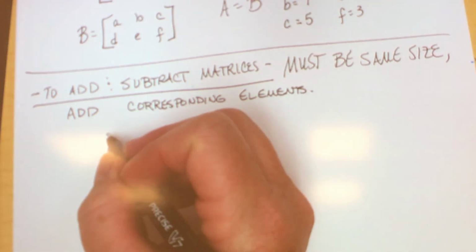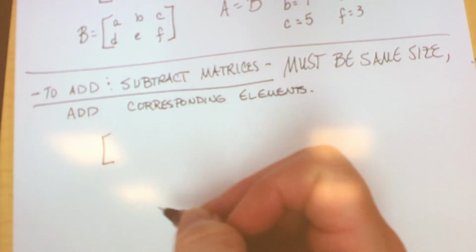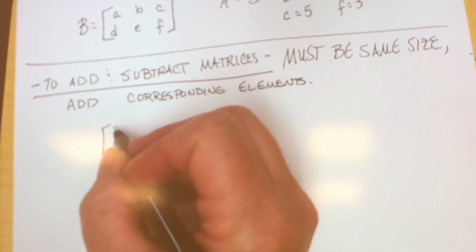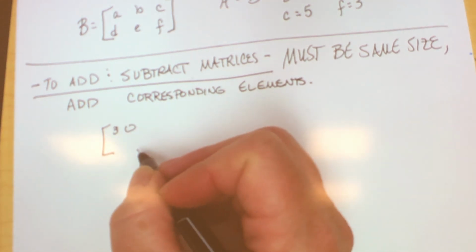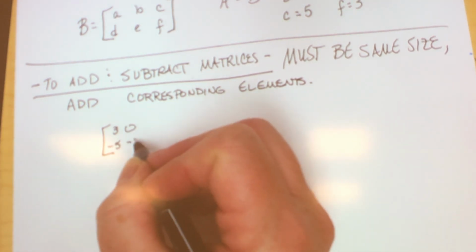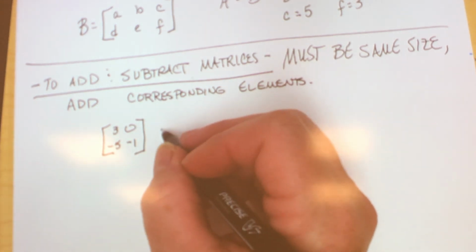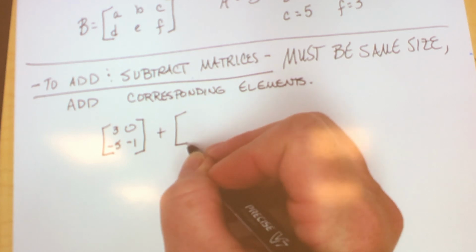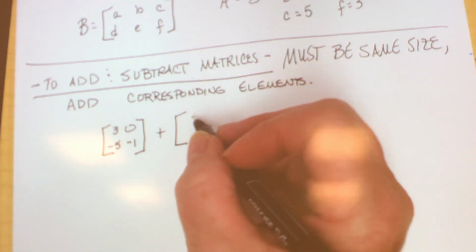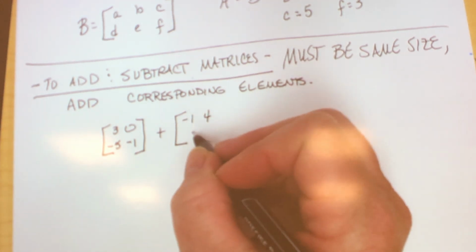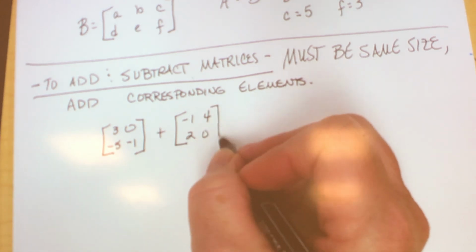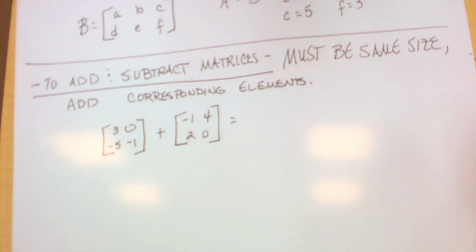So here we go. Here's yours. You ready? My first row is 3, 0. And my second row is -5, -1. Plus, my second matrix is -1, 4, and 2, 0. Y'all, this is very logical.